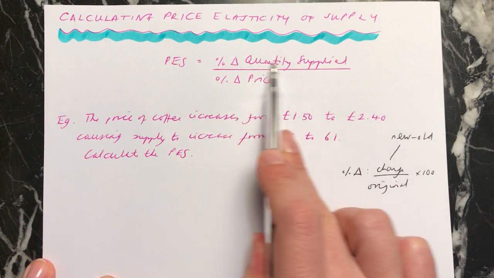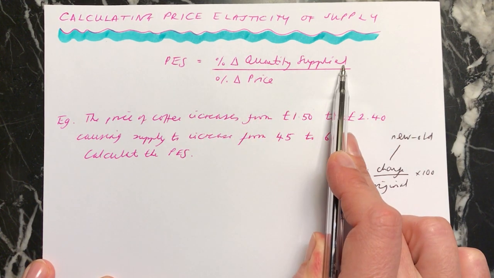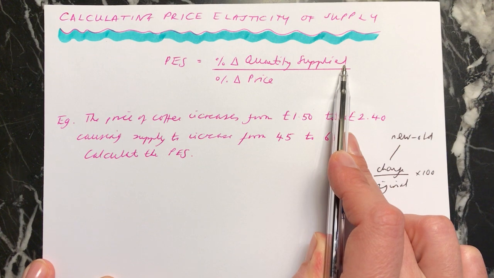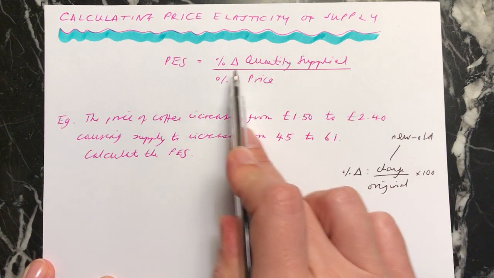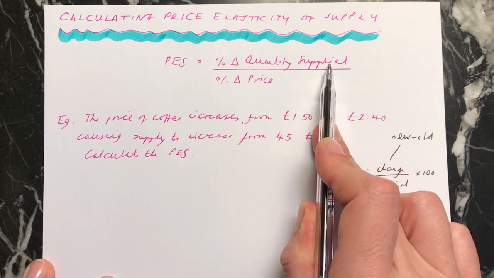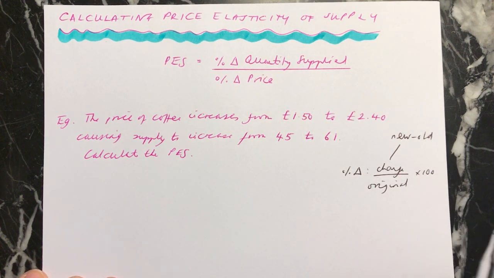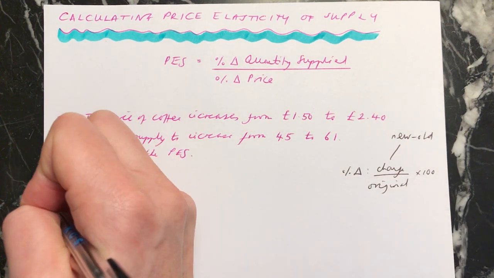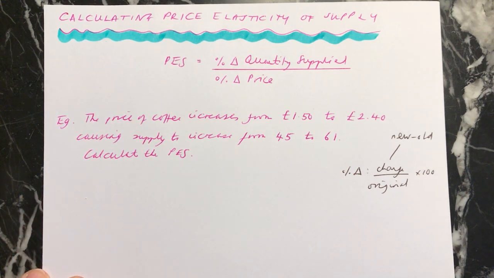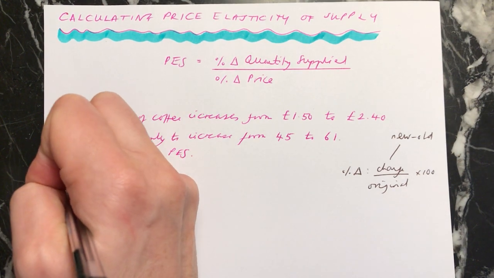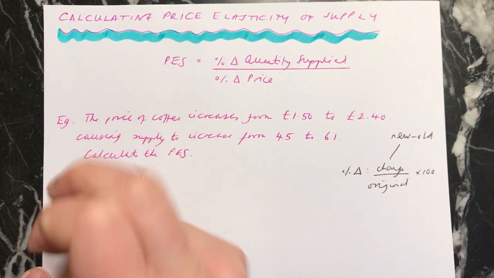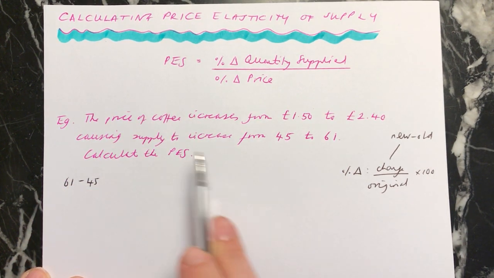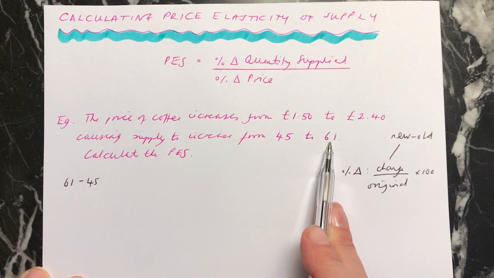So first of all, you need to do your top line about your quantity being supplied. Be careful, because the first thing you're told about actually is the price, but the top line needs to be about your quantity being supplied. So your calculation for the top line is going to be 61 minus 45, because we know that our supply went from 45 to 61.